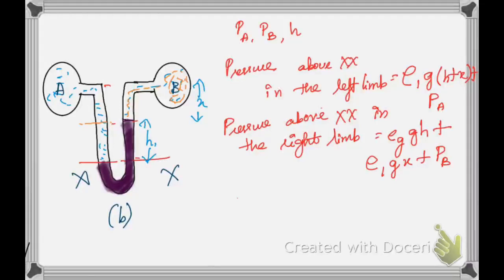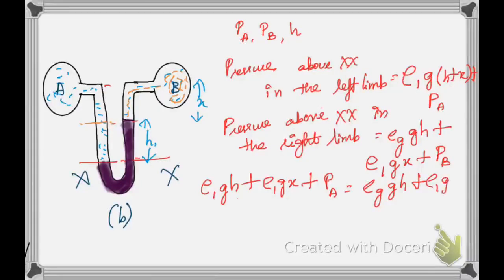As mentioned earlier, we can equate both equations, that is, the pressure above xx in the left limb and the right limb is equal. So rho 1 gh plus rho 1 gx, I am just splitting the equation, plus Pa is equal to rho g gh plus rho 1 gx plus Pb.